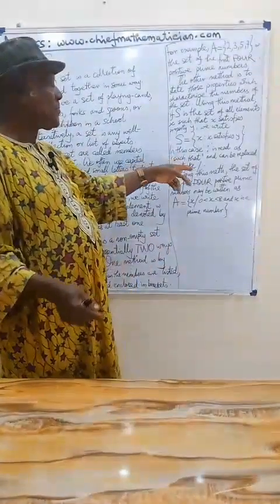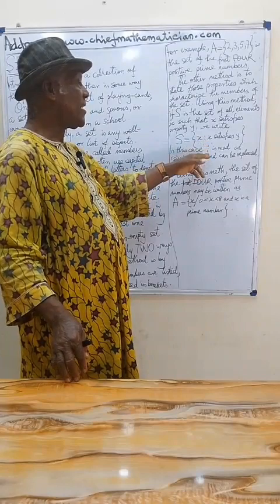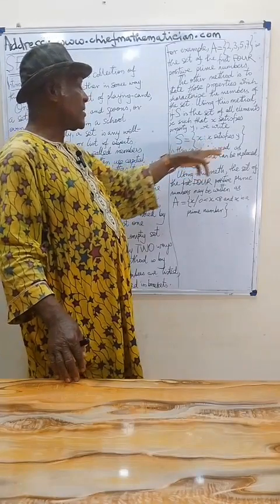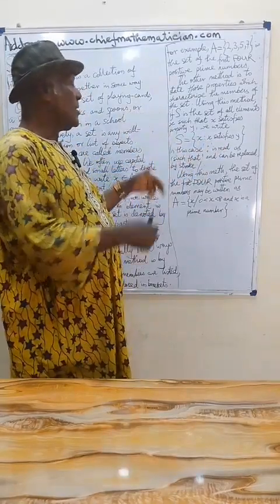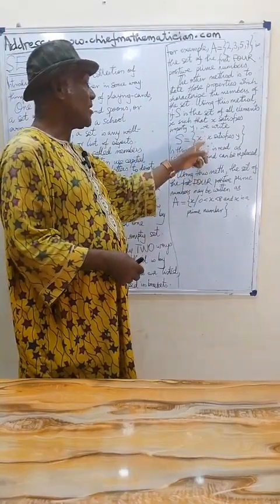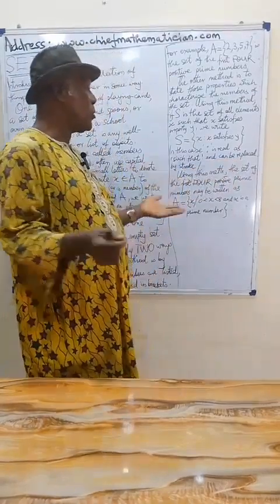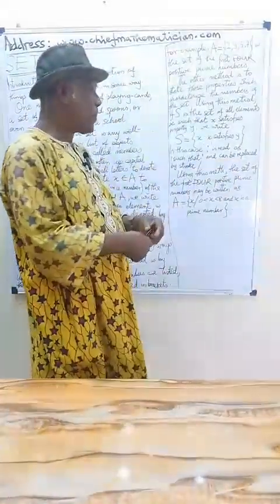In this case, this symbol, 2 vertical dots like this, is read as such that. That's how you read these 2 vertical dots, and you can use a stroke to replace it.